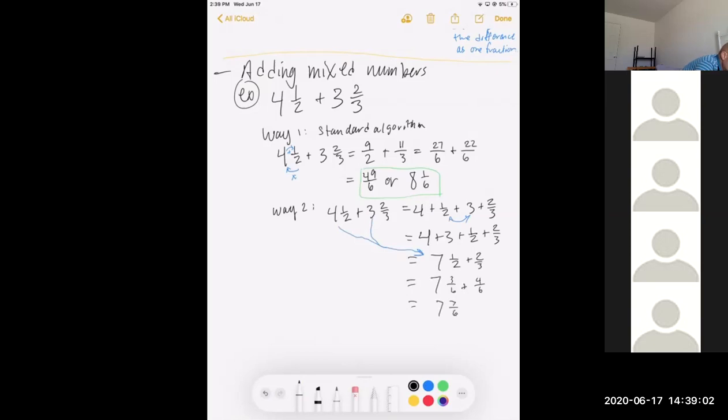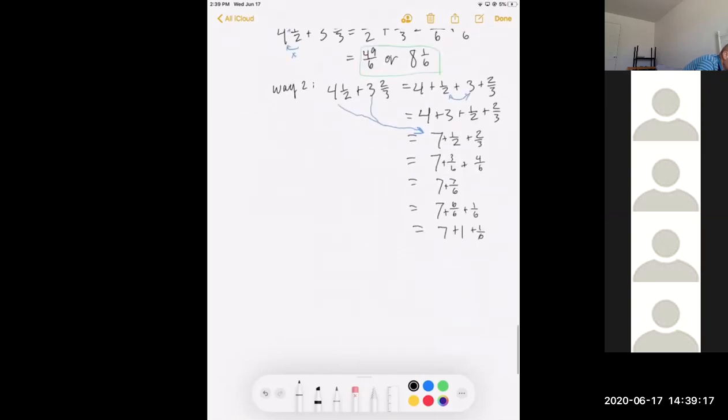Now the 7/6, you can break up into 6/6 plus 1/6, and that 6/6 becomes a 1. And then that's where you get your 8 and 1/6 from. Okay. So I showed more work on this one, but mentally you can do it faster, if you wanted to do these mentally.